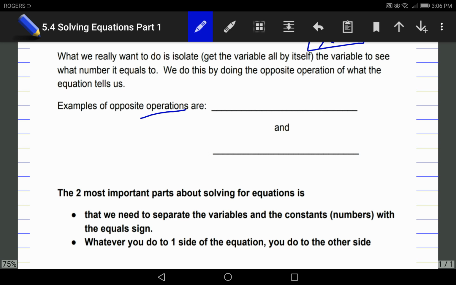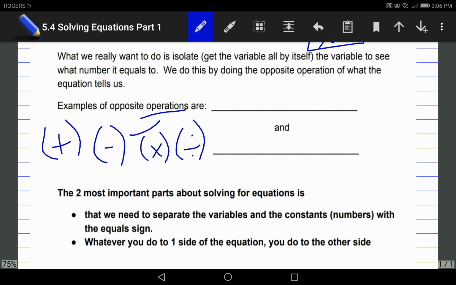Well, operations are plus, minus, multiply, and divide. The ones that we're going to deal with in this course anyways are only those 4. I know that there's more than that, like square root and squaring, but let's just stick to these right now.